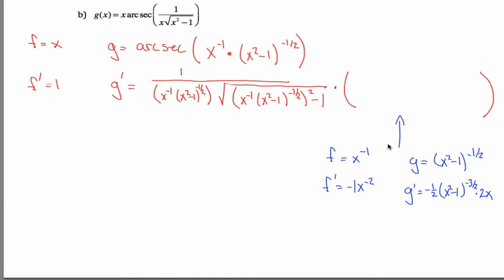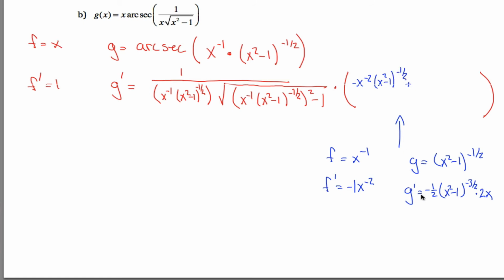So using all this information here, I can say the derivative of what's inside the parentheses here is f prime, negative x to the negative 2, times g, negative 1/2 x squared minus 1 to the negative 3/2 times 2x. Can that simplify? Yep, but you don't have to. That plus g prime, wait a minute, f prime times g, damn, I wrote the wrong thing. Let's try that again. F prime is this, times g is just this guy, x squared minus 1 to the negative 1/2.